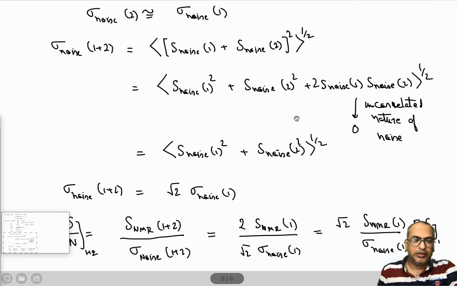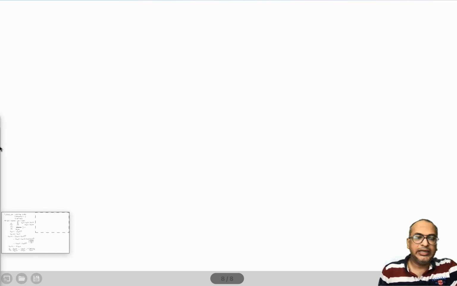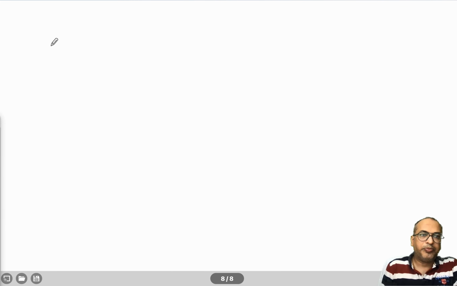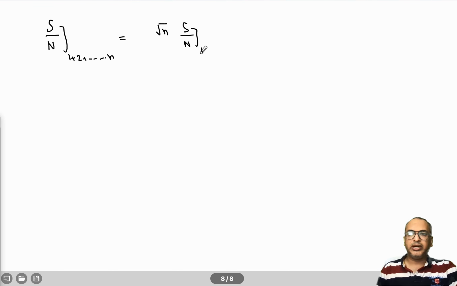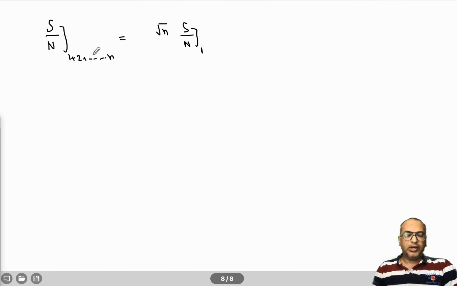Okay, so now you can easily correlate or extrapolate: if you do this experiment n times, this will become square root of n times the signal to noise of the first signal, experiment done only once, right?